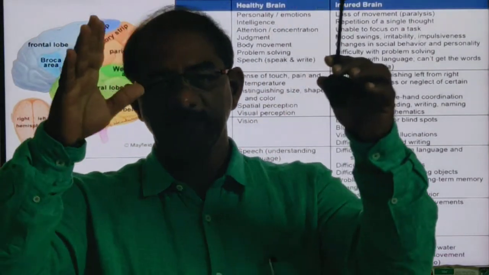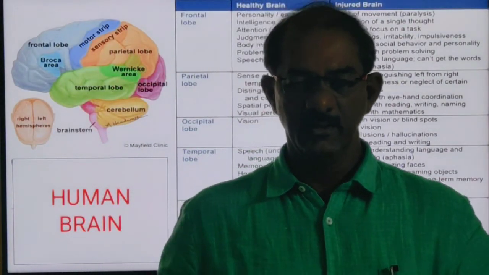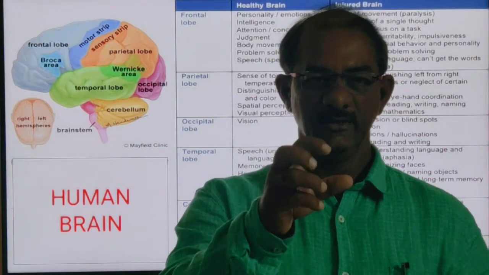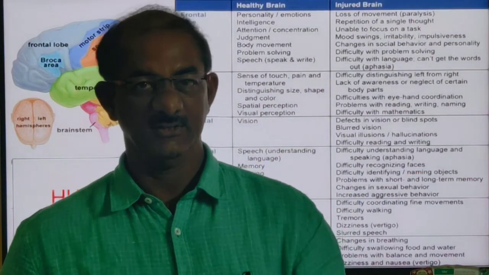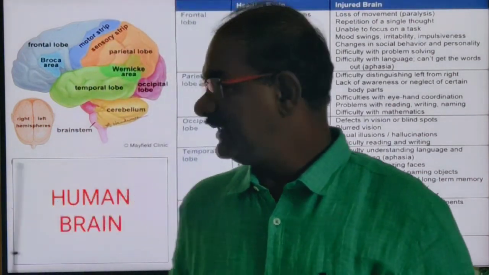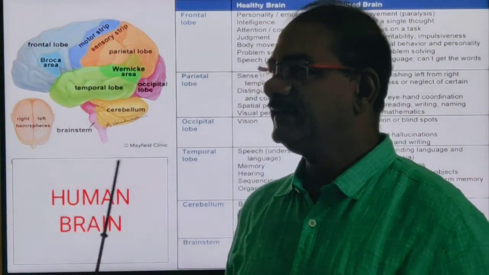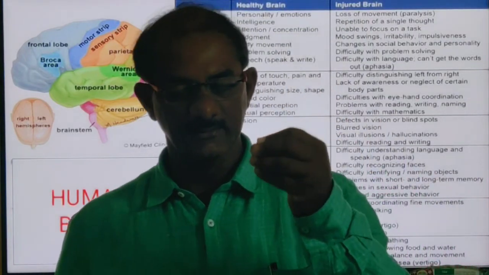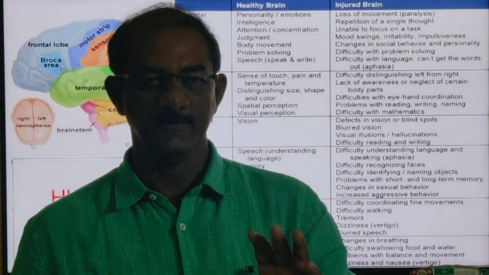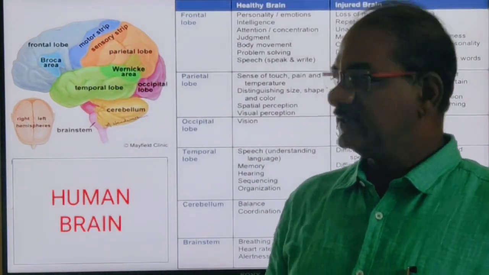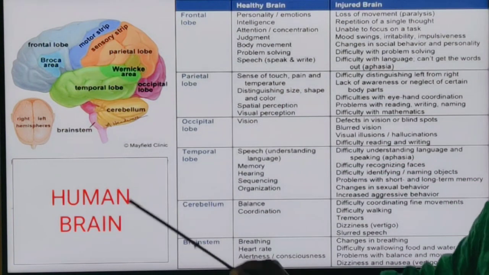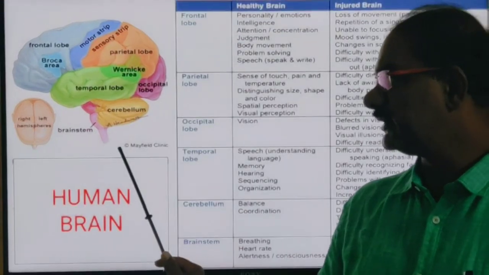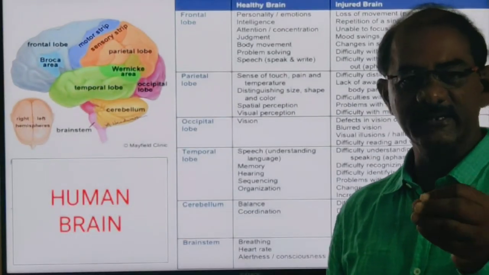The different functions of the brain also occur with the help of the diencephalon. Only the diencephalon parts are not seen here, but the diencephalon has different functions. So that is concerned here, the functions and structure of the human brain, according to our practical syllabus.